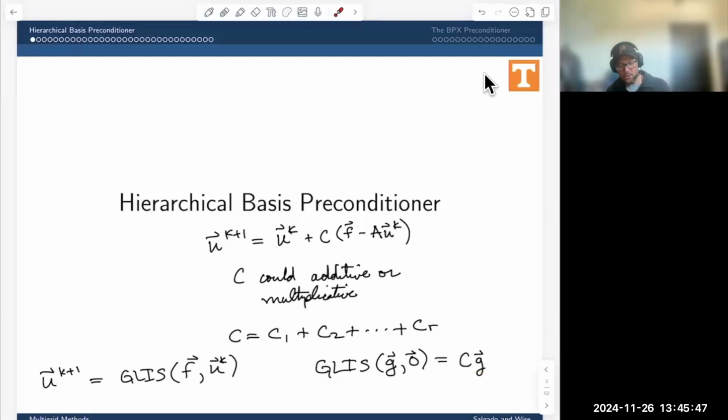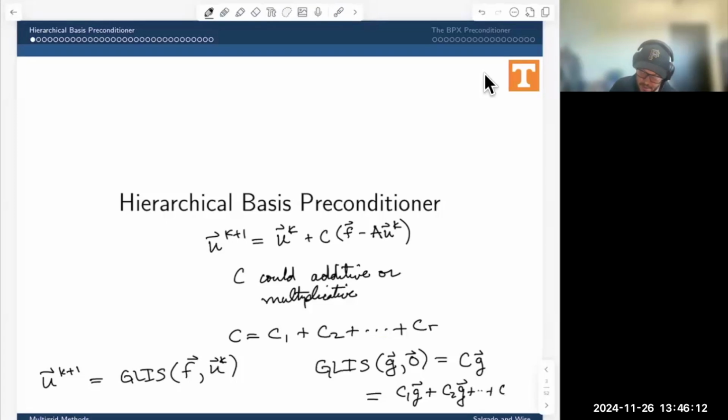So that's going to be an important point for the application of any preconditioner. And the fact that this is additive means that I can apply this preconditioner in parallel. And the reason is because this is ultimately going to be C1 times G plus C2 times G.